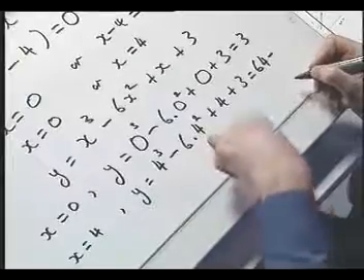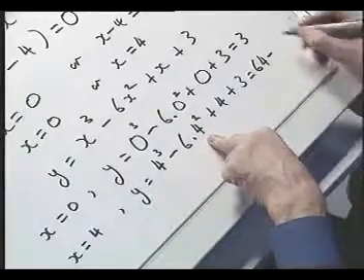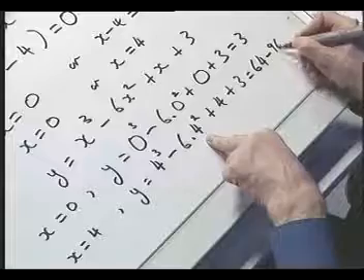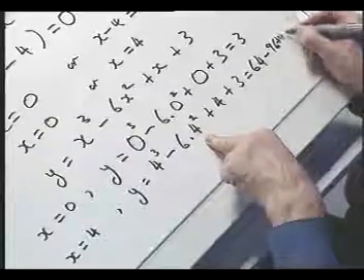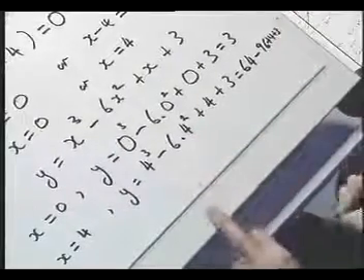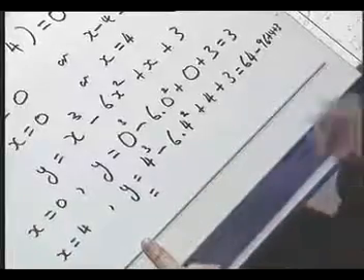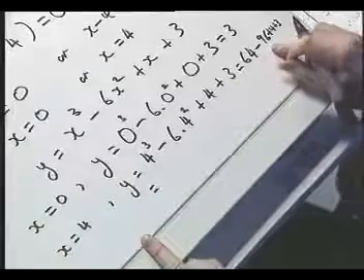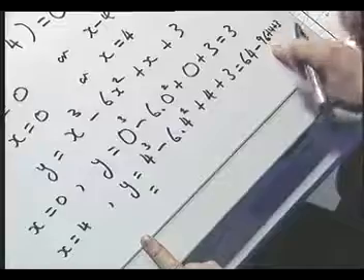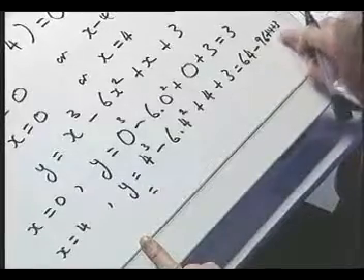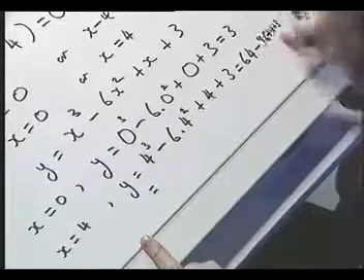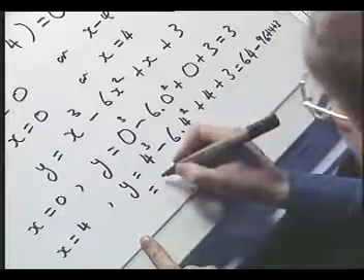Take away, now we've got 6 times 16, and so that's 96, plus 4 plus 3 equals, now 64 take away 96 is minus 32, and then we're adding on another 7, so that's minus 25.